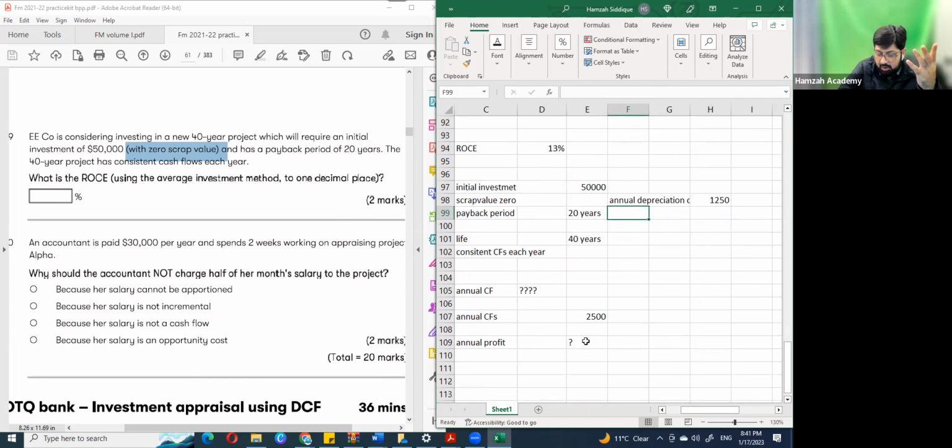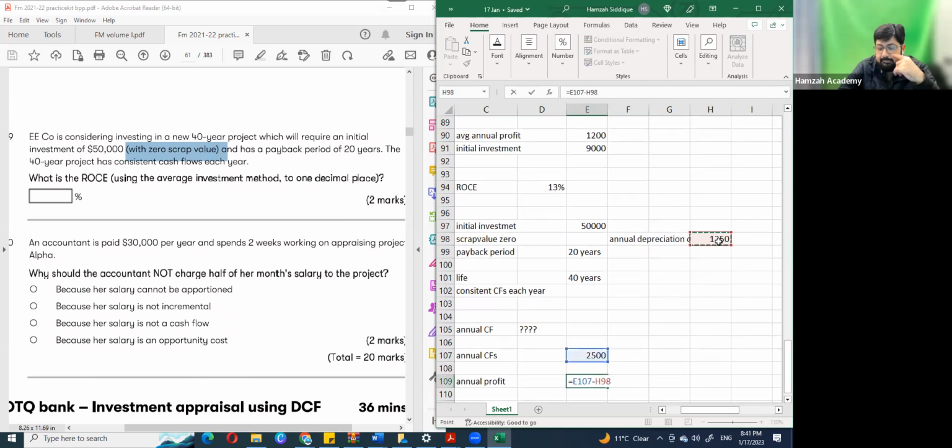So annual profit is cash flow minus depreciation. Here we go.